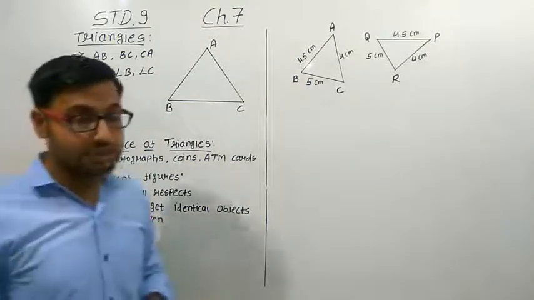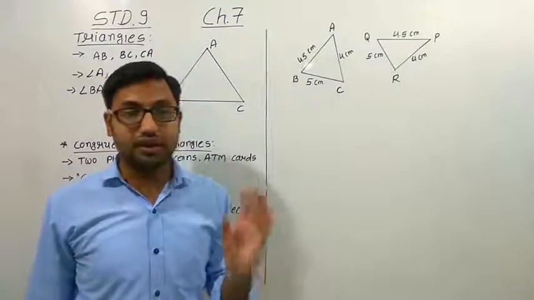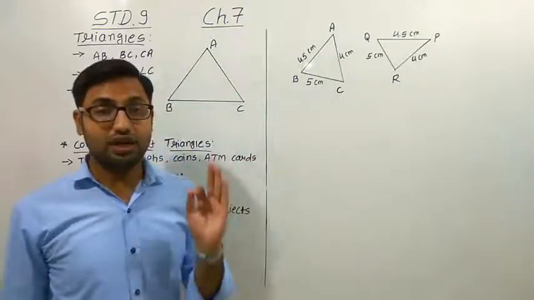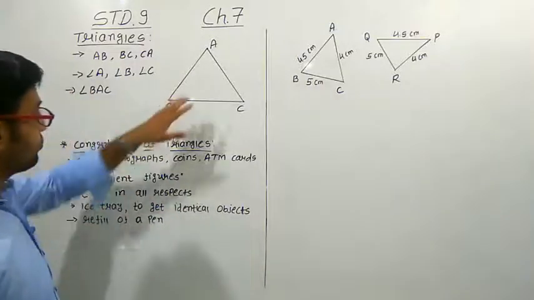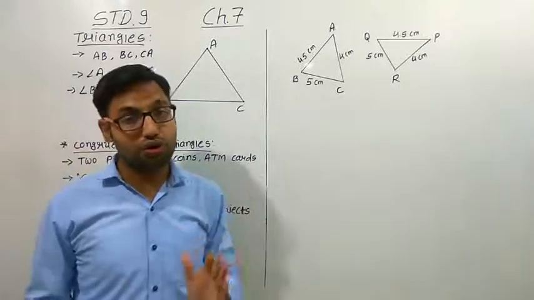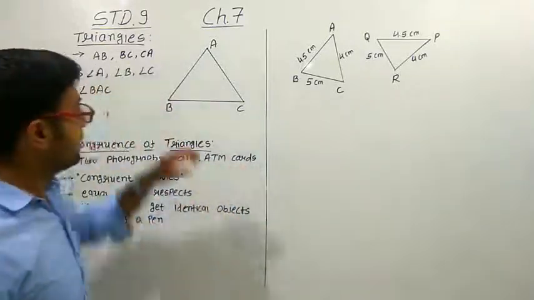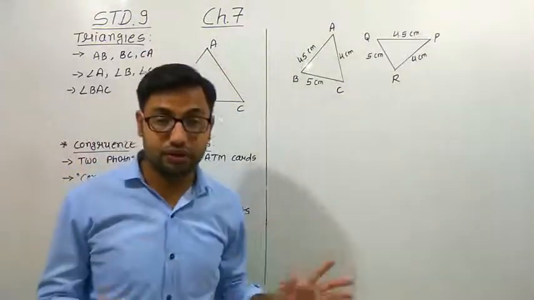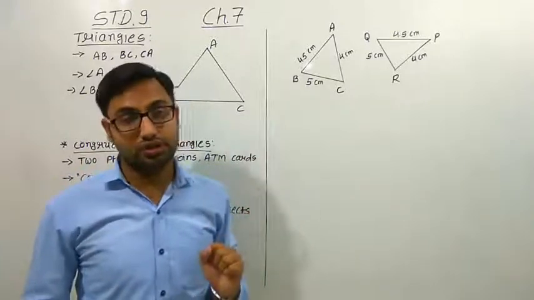Equal in all respects. Whenever the word congruent is used, it means both shapes must be equal in all aspects, in all respects. Right? If we consider two triangles, congruent triangles means all three sides are equal, and all three angles are also equal.